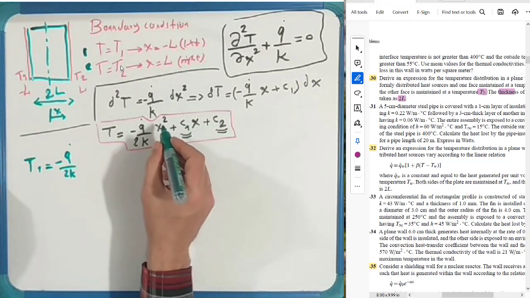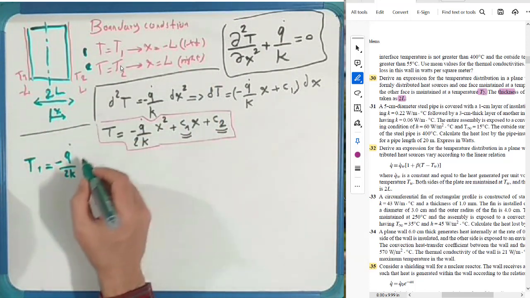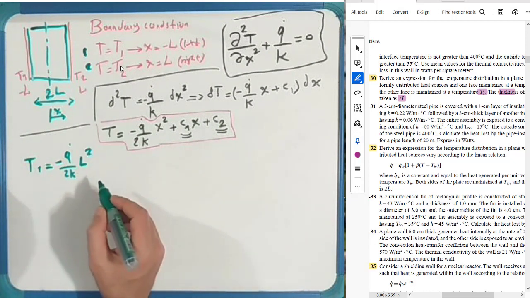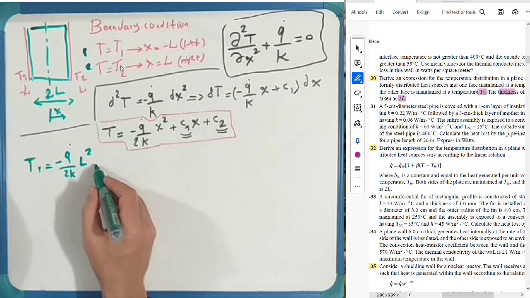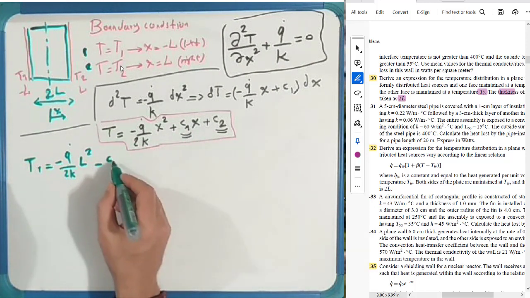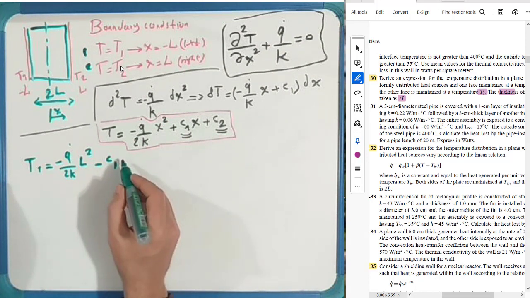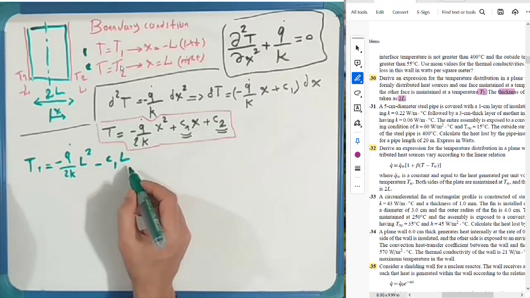In place of x, I should put minus L, which will be L squared, minus C1 times L.